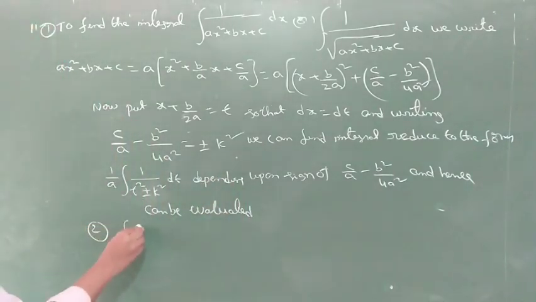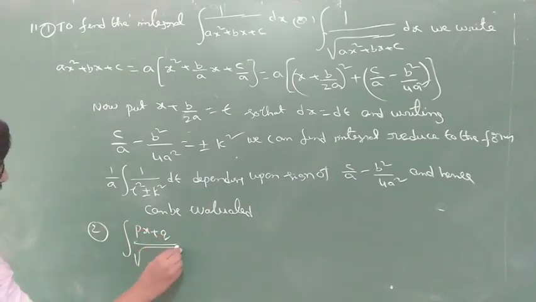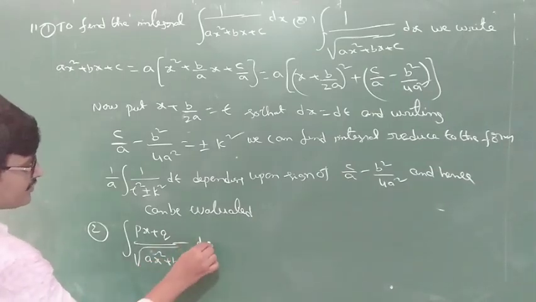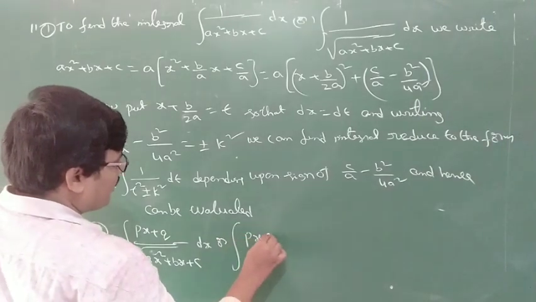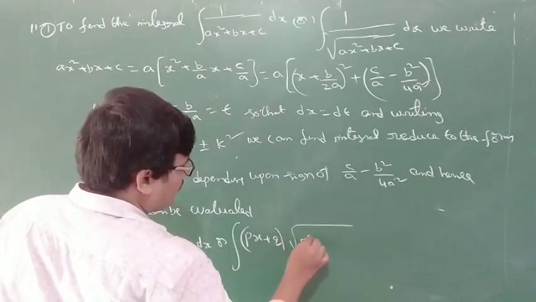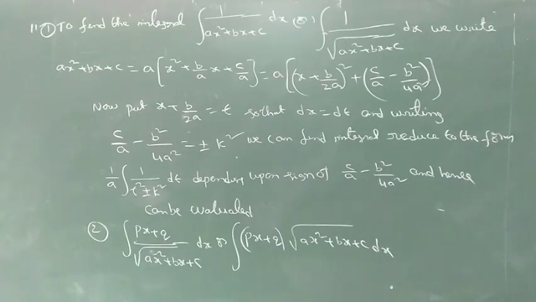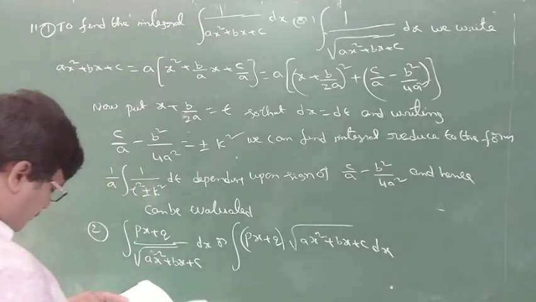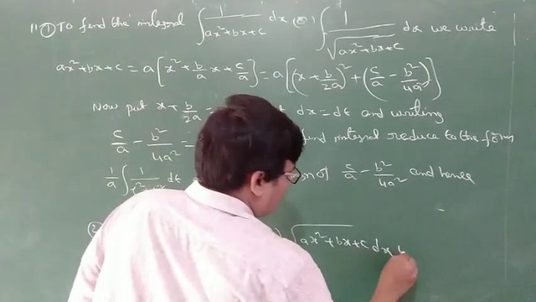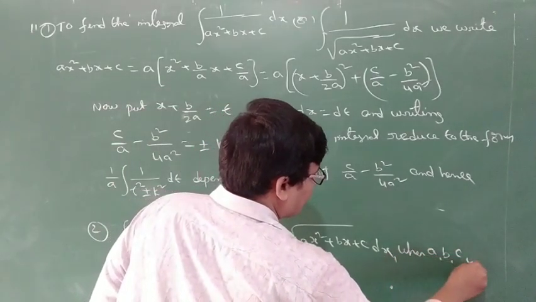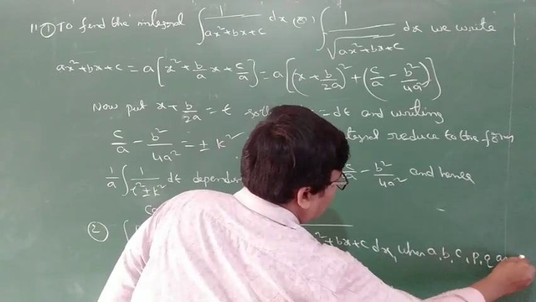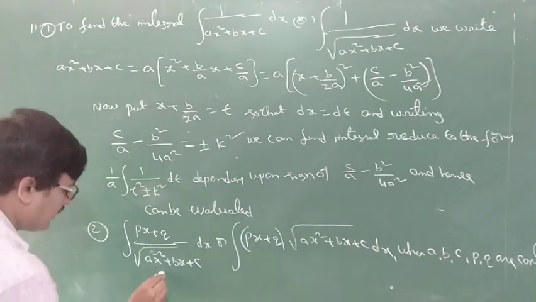Second one: integral px plus q by root of ax square plus bx plus c dx, or integral px plus q into root of ax square plus bx plus c dx, where a, b, c, p, q are constants.